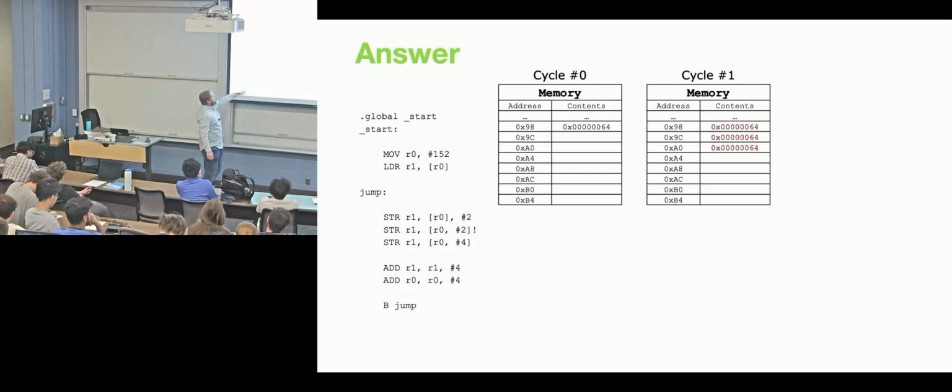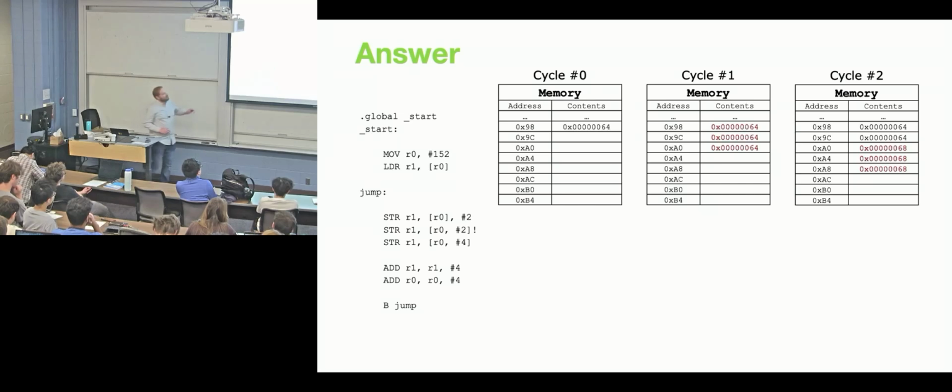And then we're going to add 4 to R1 and add 4 to R0. So then we're going to increment that value, and we're going to go back to store. After you run through that loop, those are the new values, because you've added 4 to that, plus you've added 4 to the address, so then you went to the next address.